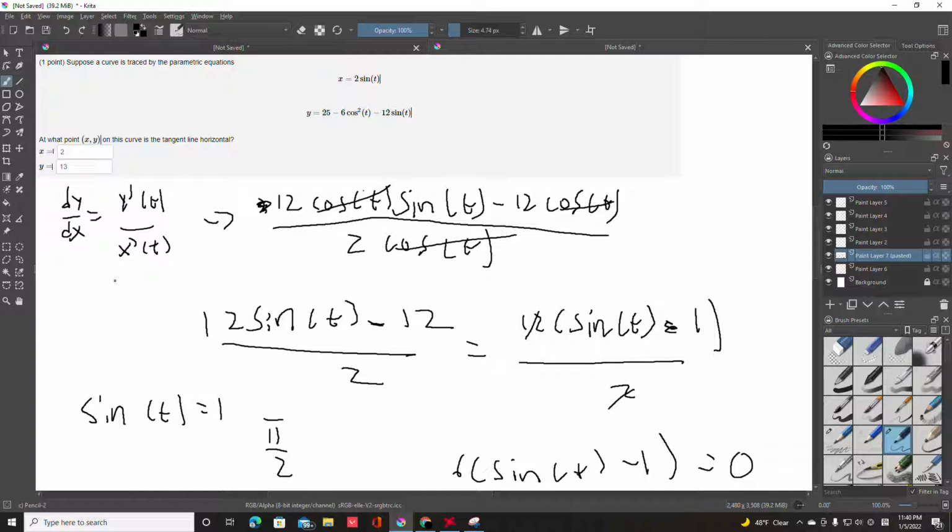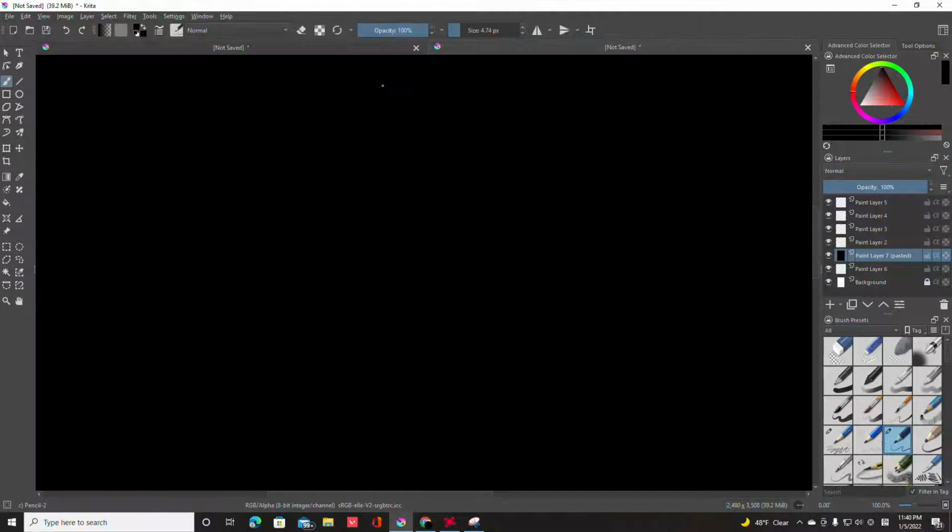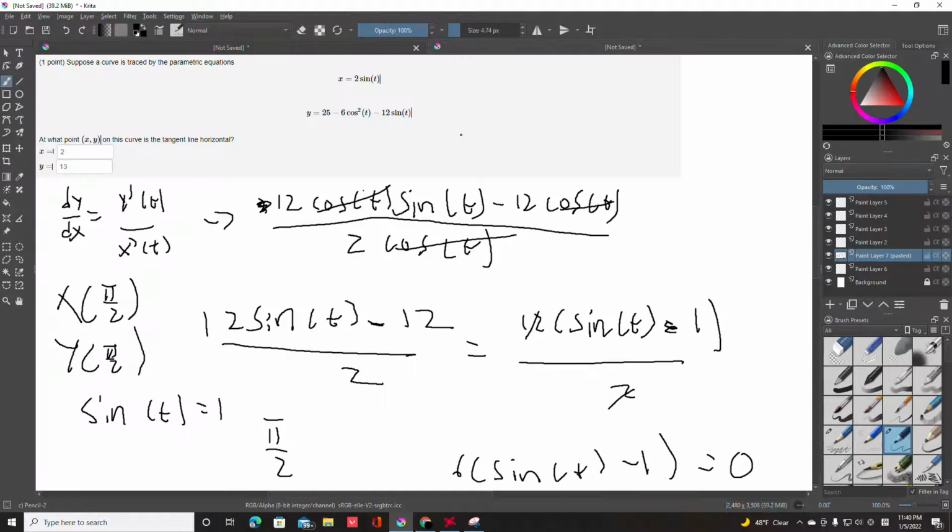So we would just do x of pi over 2 and then y of pi over 2. We plug pi over 2 in here, you'd get sine of pi over 2, which would just be 1, so x is equal to 2.